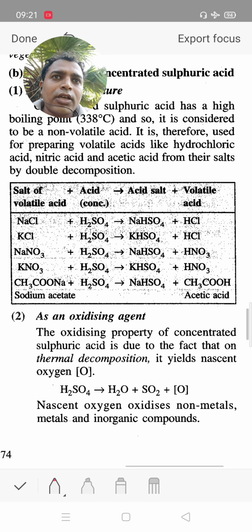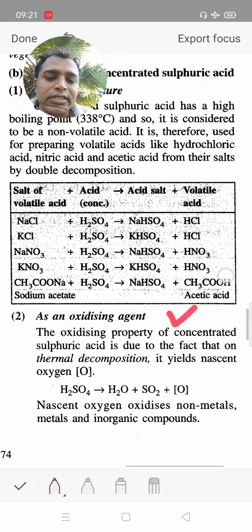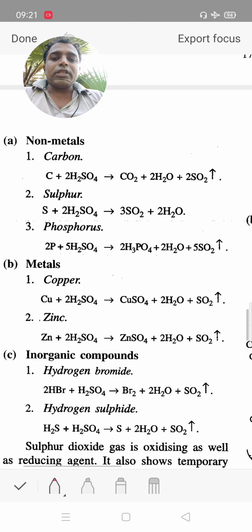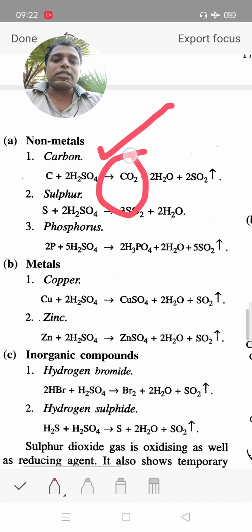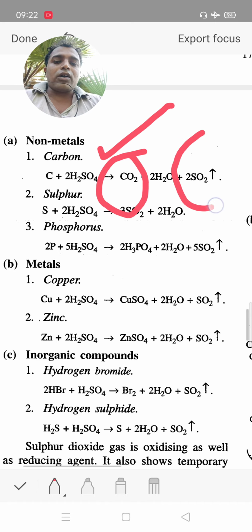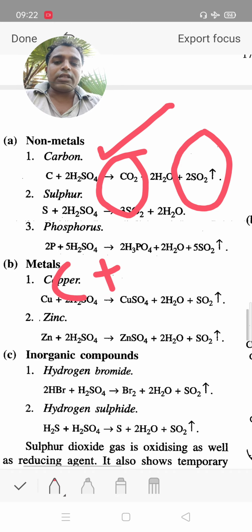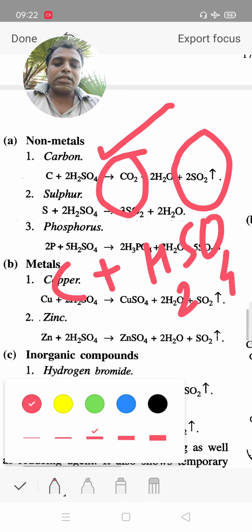Now, the oxidizing property of sulfuric acid, meaning it acts as an oxidizing agent. Now the reaction with non-metals. Non-metals like carbon: when carbon reacts with sulfuric acid, it gives carbon dioxide, and sulfur dioxide is evolved. In this reaction, carbon reacts with H2SO4, 2 times.